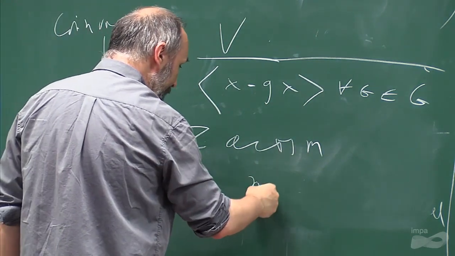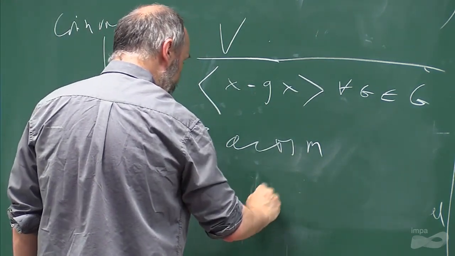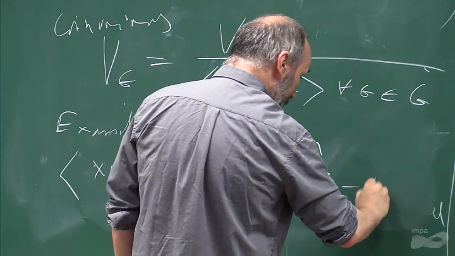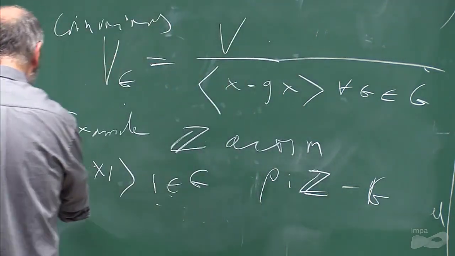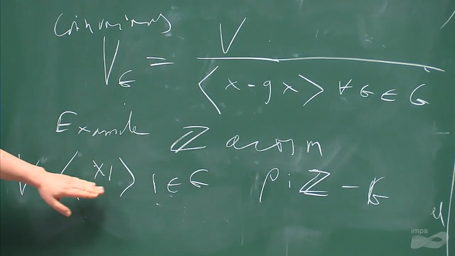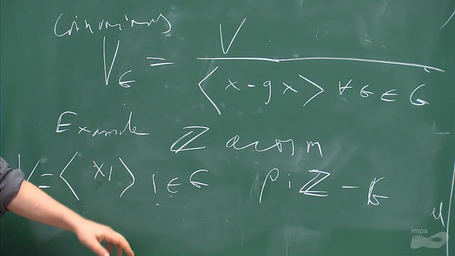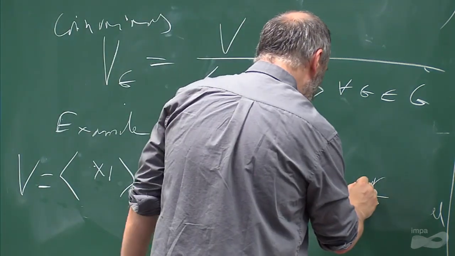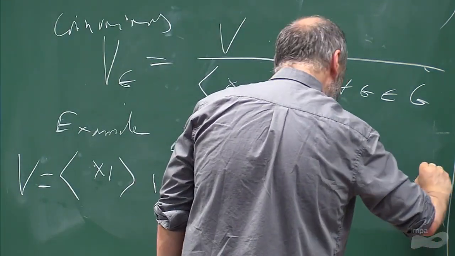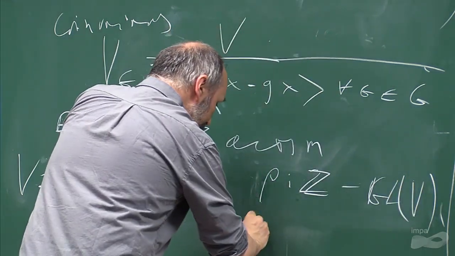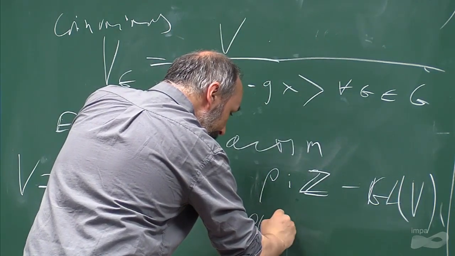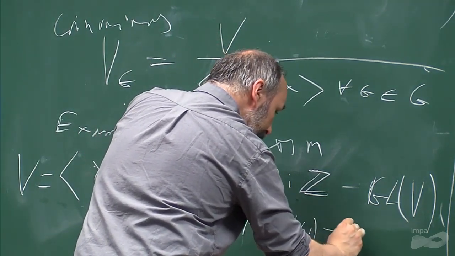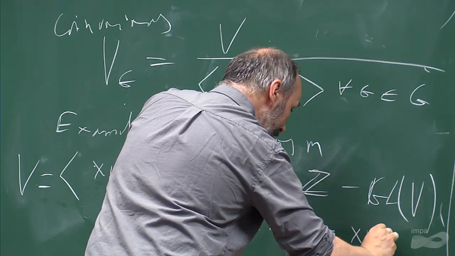So let's call it rho, an action from Z to GL of this infinite dimensional vector space with the basis x_i where i is inside Z. Rho of n takes x_i and moves it to x_(i+n).